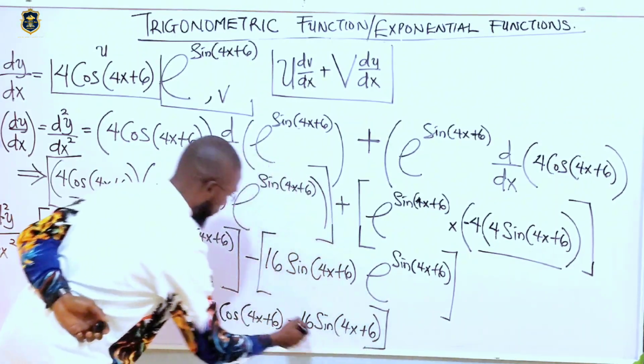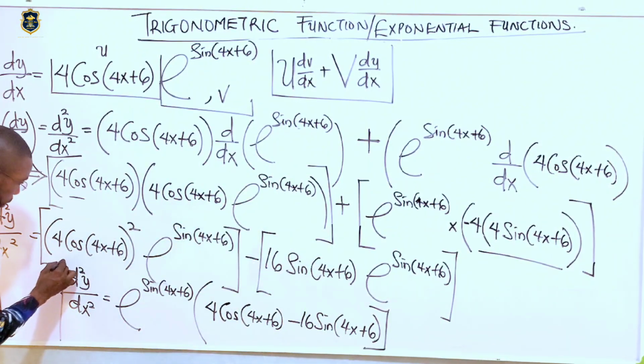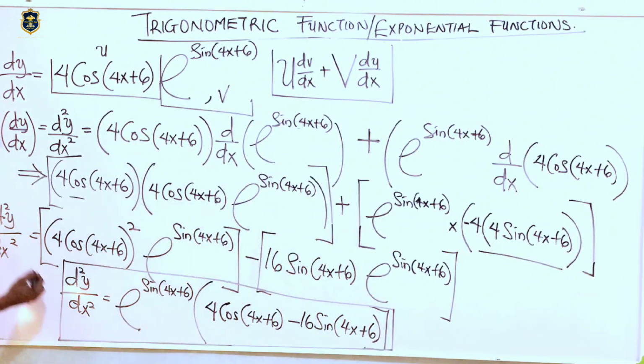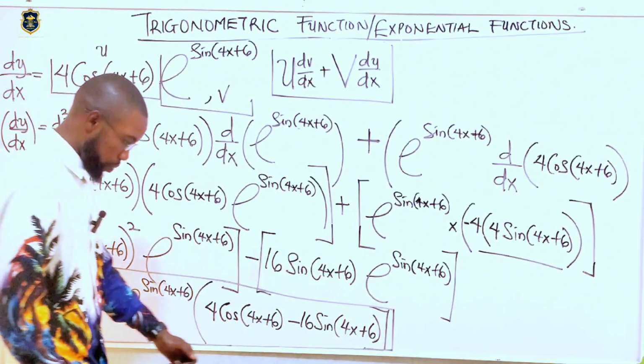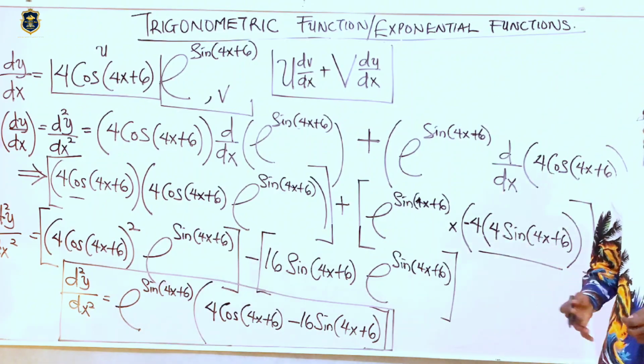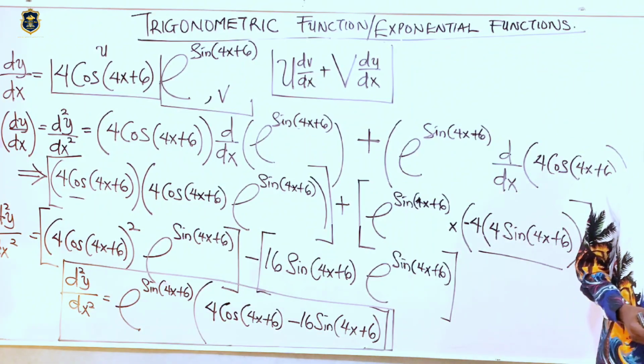This is our second derivative to the question that was given. Second derivative, very simple. If you go through it carefully, it's looking a bit hard, but if you practice, you get the answer.